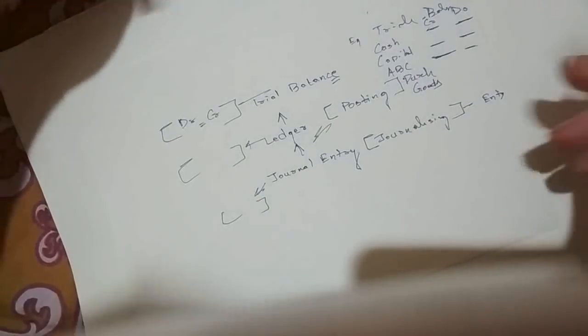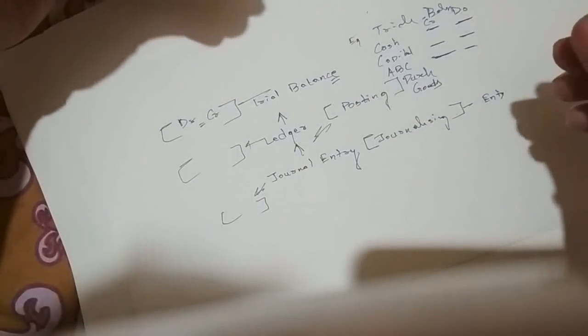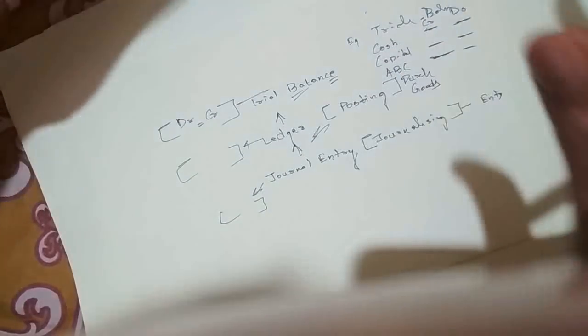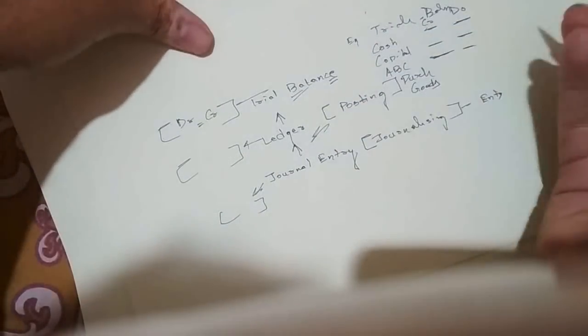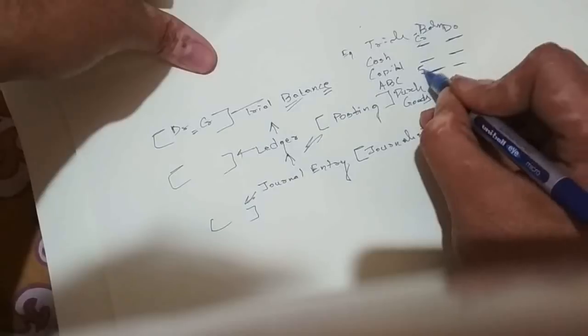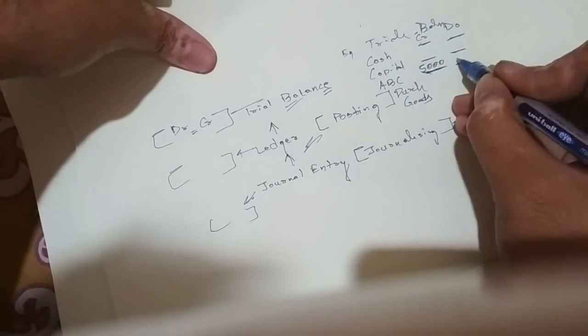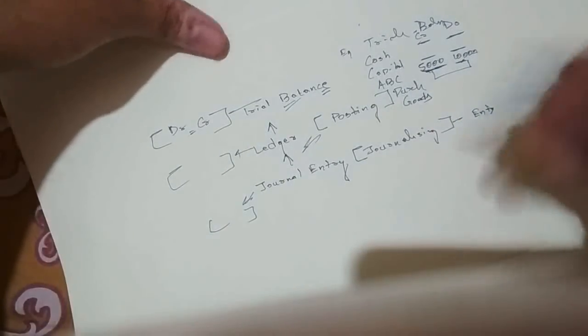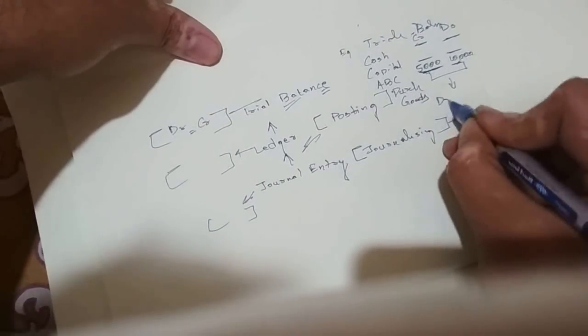So what is the purpose? Before discussing the purpose, I would like to say the trial balance is nothing but a summarizing of all the ledger accounts we have in the book. Let's say the ABC credit balance is 5,000 and the debit balance is 10,000. So here we can analyze that there is a debit balance of 5,000.